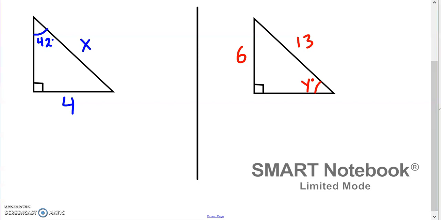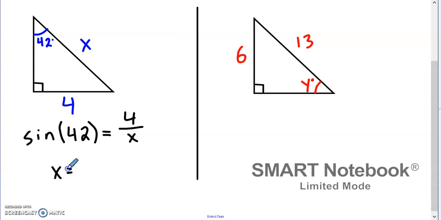So for the first example, it's going to be sine of 42, because that's our angle, is now equal to the opposite over the hypotenuse, where the opposite is 4, hypotenuse is x, and now we just want to rearrange and get that x all by itself.